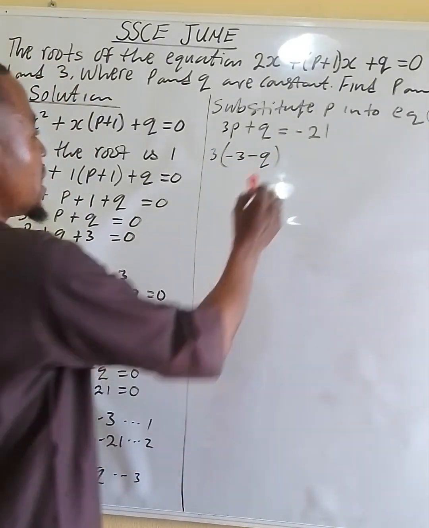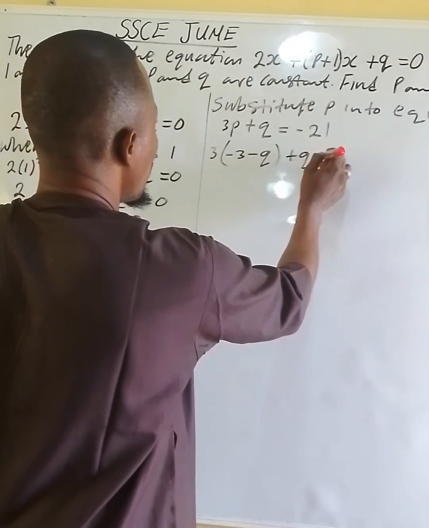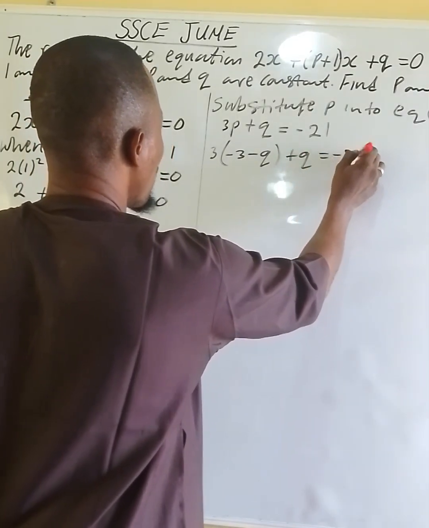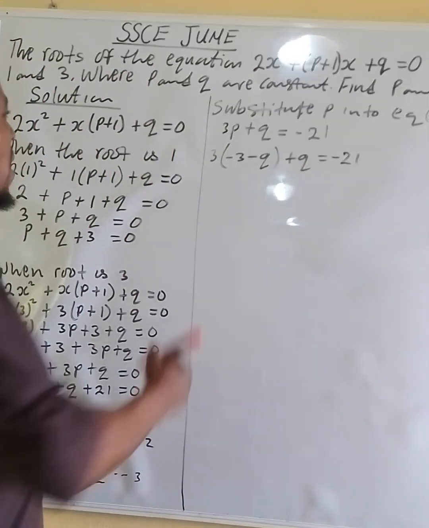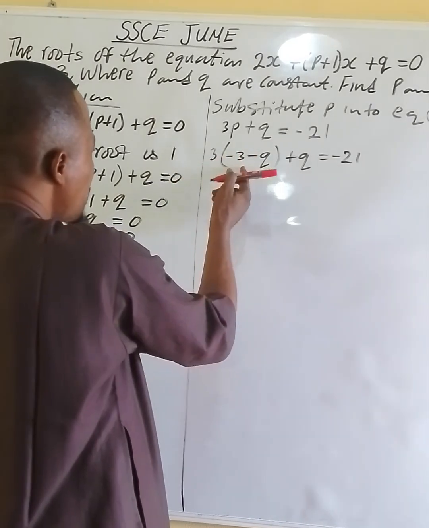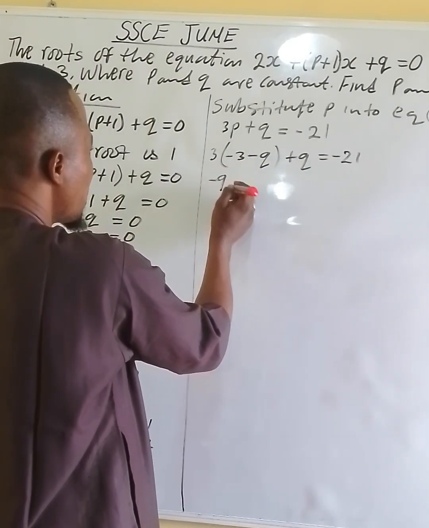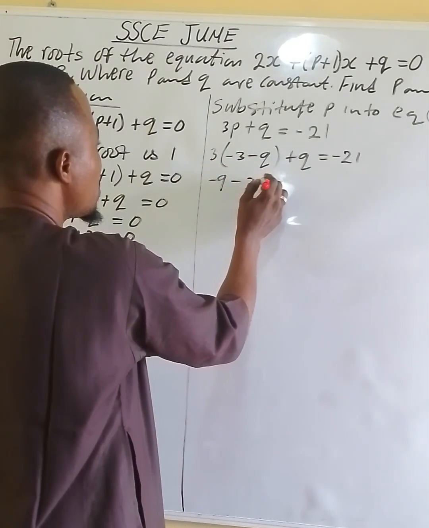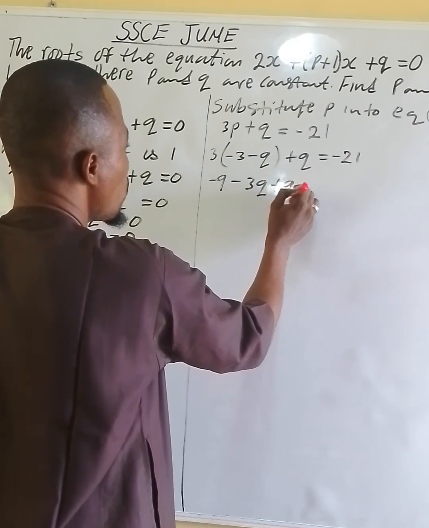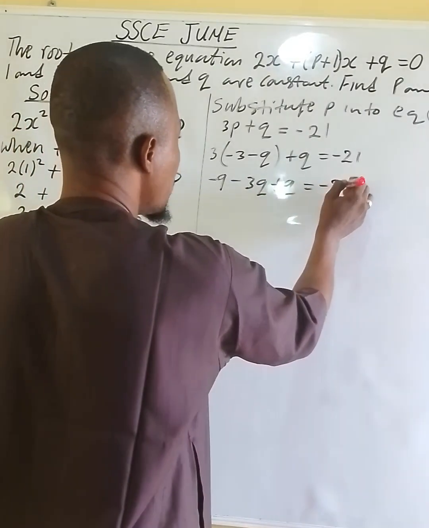Are we together? Then plus q equals minus 21. Now 3 times minus 3 will give us minus 9, minus 3q, plus q equals minus 21.